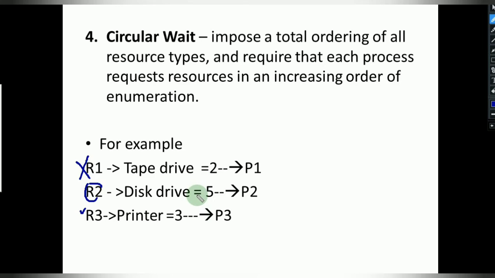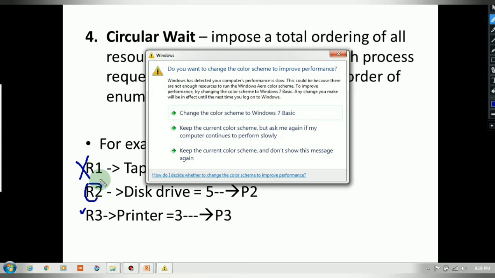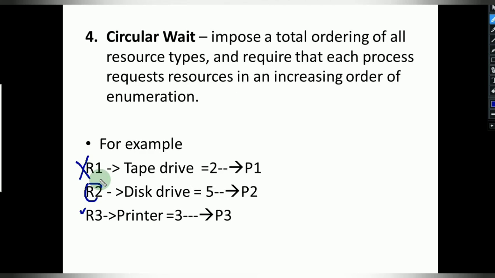It doesn't mean that if a particular process has one tape drive, then next it has to ask for 2 disk drives. No, it is the order here. We have to enumerate the resources in some order. Let me talk about it again later. So that order, it should request only in increasing order.